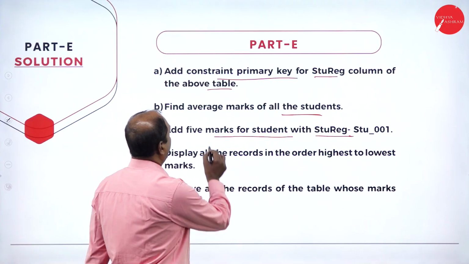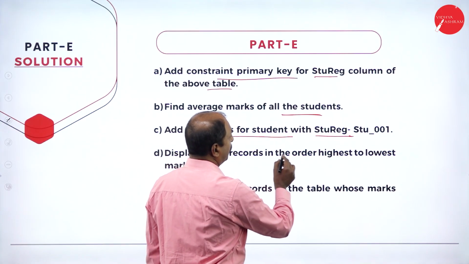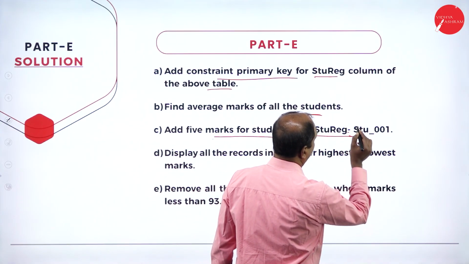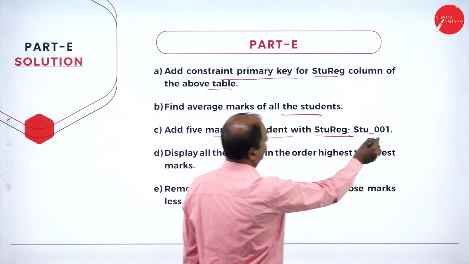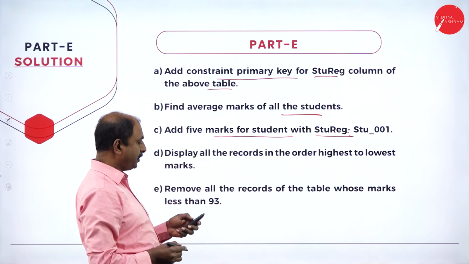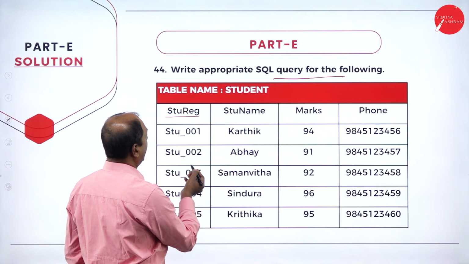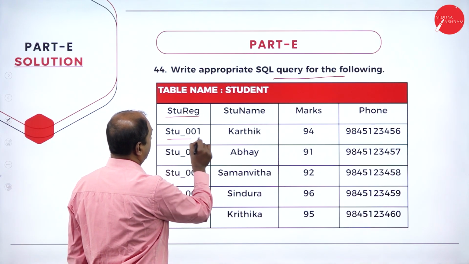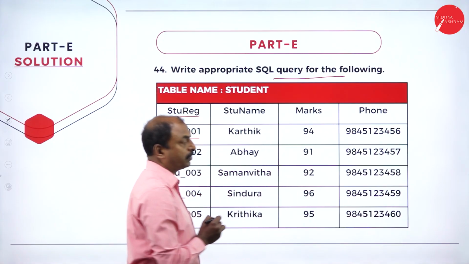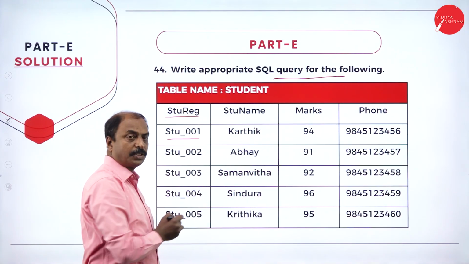Next question is: add 5 marks for the student whose register number is equal to STU001. What is the meaning of the question? We are going to add 5 marks to this register number.